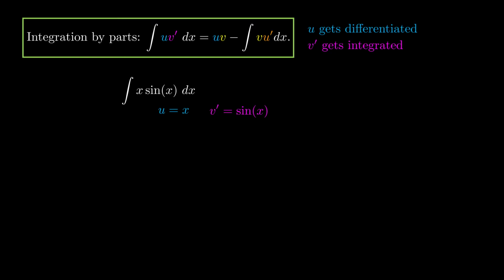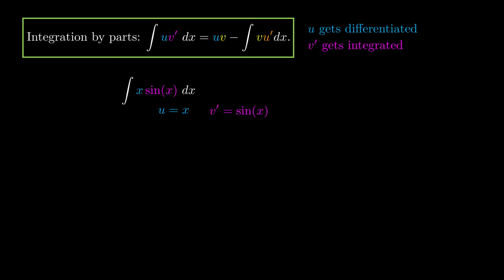It ends up being much the same thing anyway, just cos x, whether it's negative or positive. So because sine x integrates nicely and x differentiates nicely, that's how I'll choose to split it: x is the u function and sine x is the v dash function. So I'm choosing to differentiate x and integrate sine x.